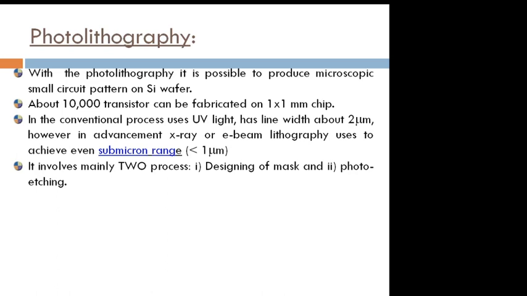That is why, in IC fabrication, to get a perfect shape IC you have to work through a huge number of process steps, more than 100 hours of work on one piece of IC, or rather one wafer. The first process is designing of the mask, and the second is photo etching. Etching means notching out from a particular region.